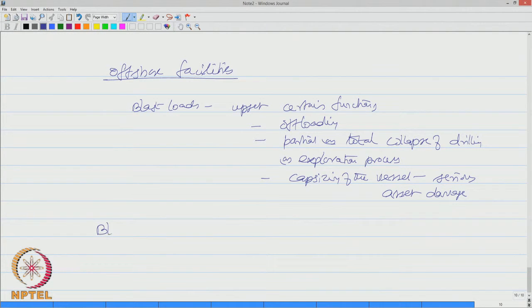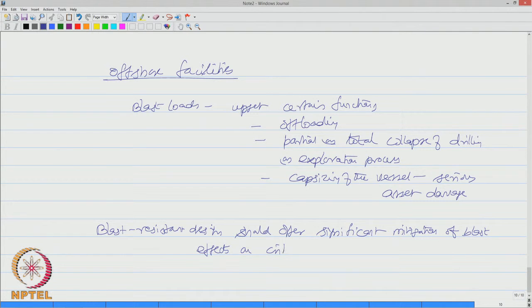Therefore, blast resistant design should offer a significant mitigation of blast effects on critical units.